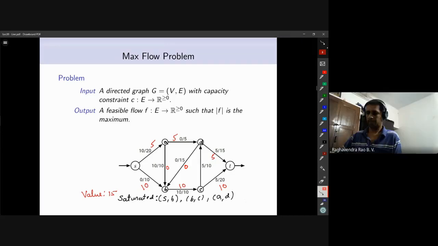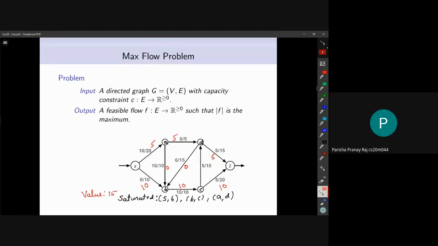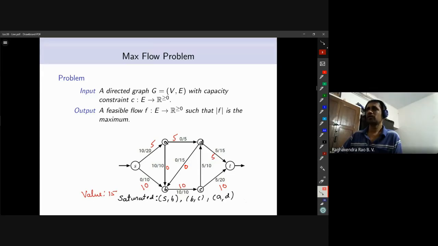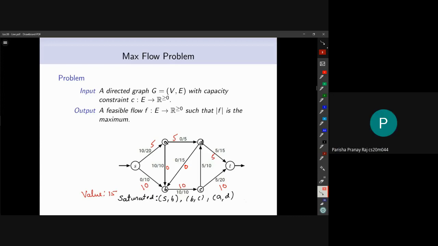Sir, I heard this, but I'm not sure. You said if each edge achieves its maximum capacity, then it's the maximum flow. Did you make that statement? Something like that, yes, that is one possibility. So if everybody reaches their capacity, then it's likely to be the maximum flow, right? But conservation should also be there, right?